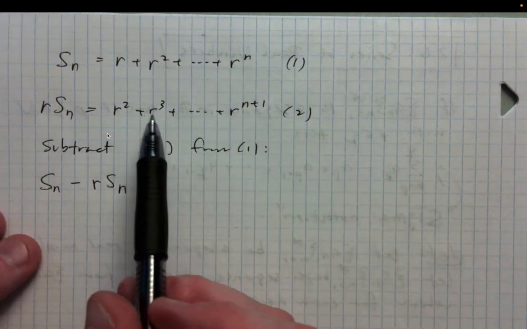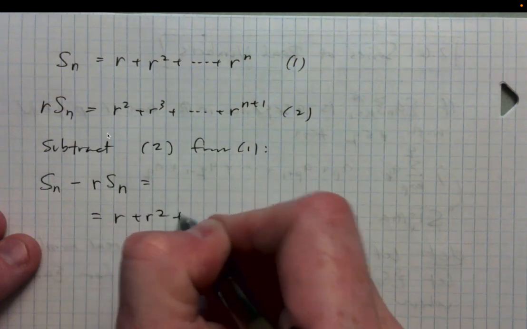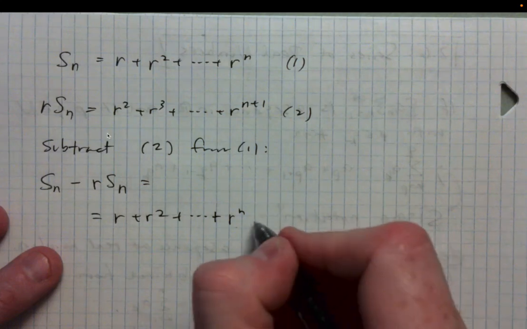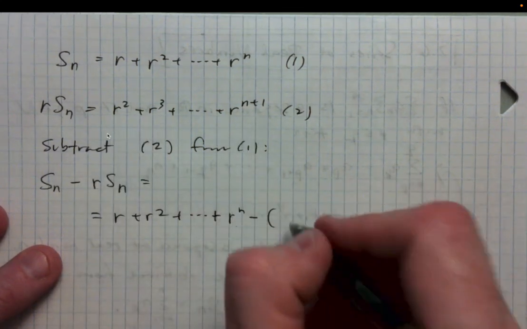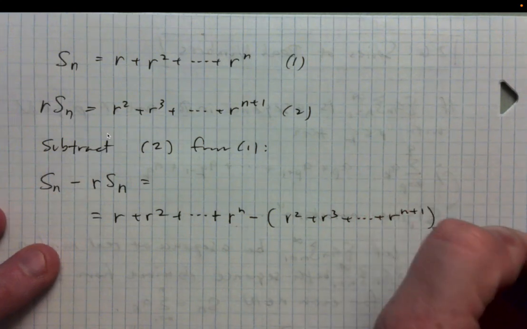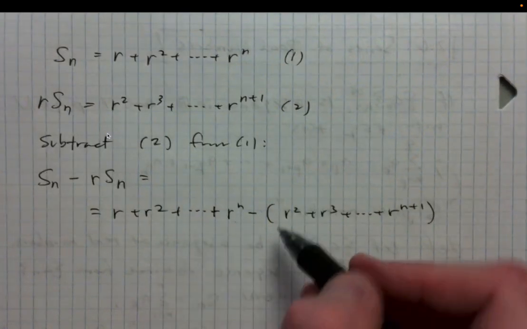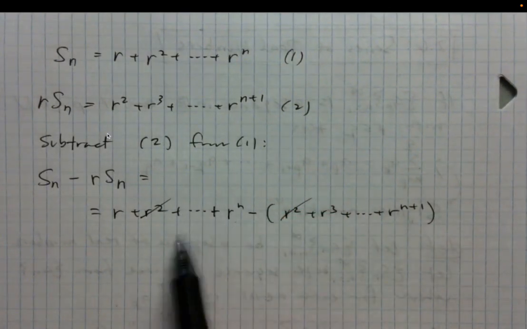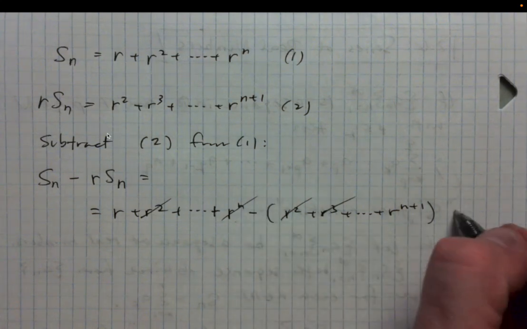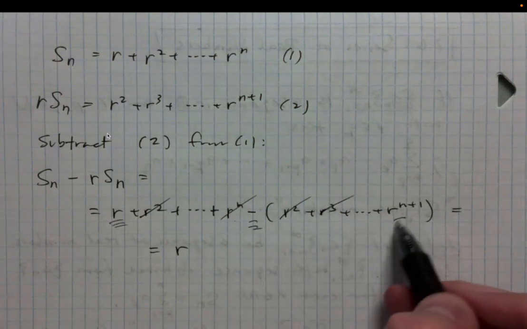Well, it's going to be r plus r squared plus dot dot dot plus r to the nth power, and then minus all of these, so r squared plus r cubed plus dot dot dot plus r to the n plus 1. If you look at this, you can see that the r squared terms drop out, the r cubed terms drop out, the r to the nth power drops out, and what I'm left with is r, this guy, minus this guy.